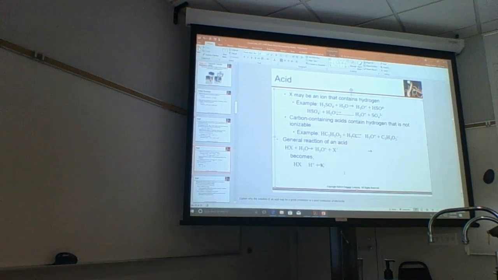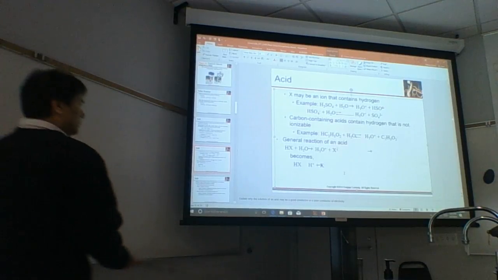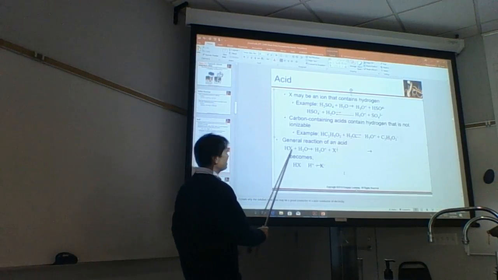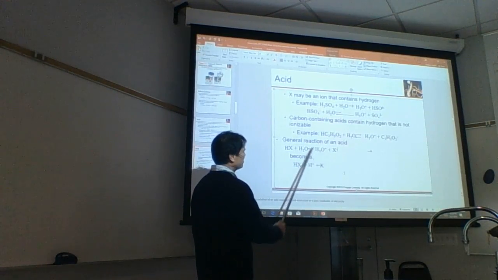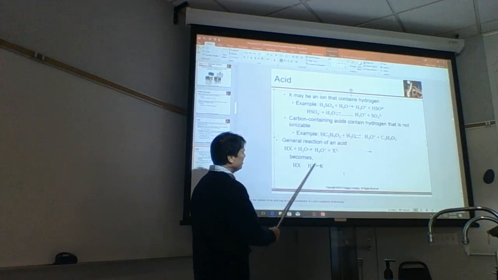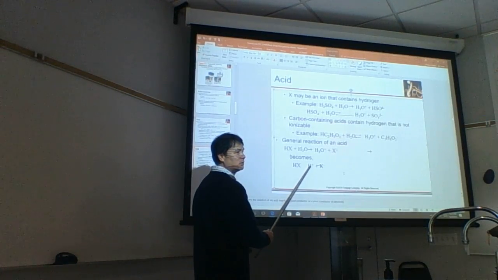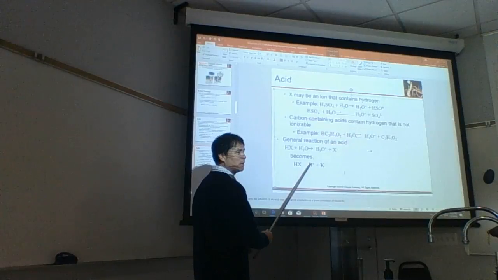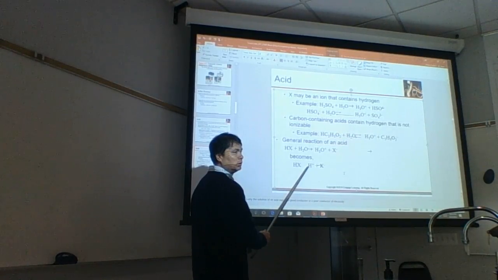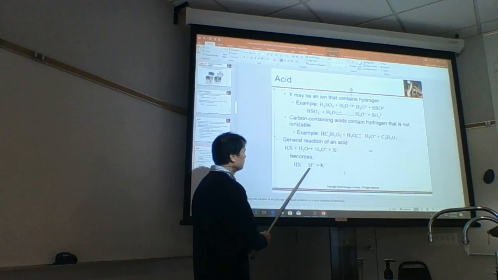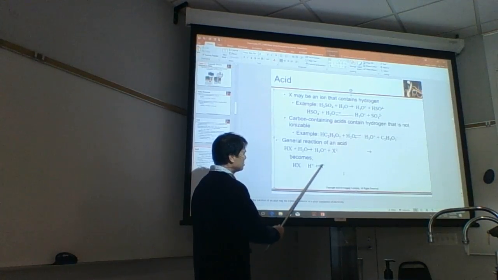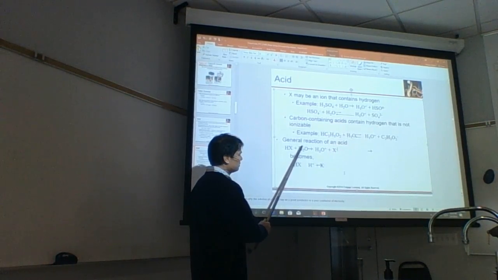And so I like this. You know, this is kind of a hassle to write, right? It takes up too much space, so this is easier. But we know something about H+. This is why I put it in quotation marks. H+ is too unstable to exist below water. And so whenever we see this, you should know it means this.